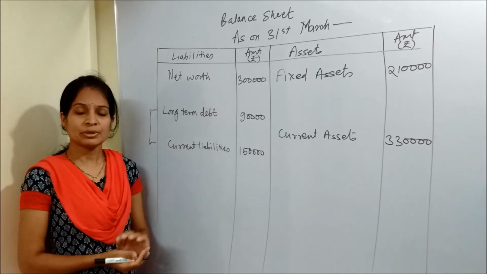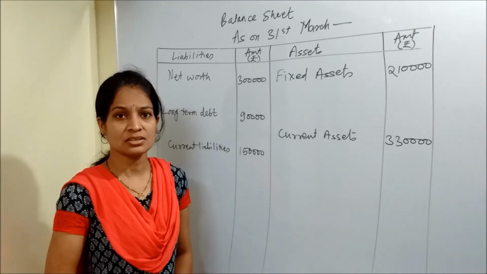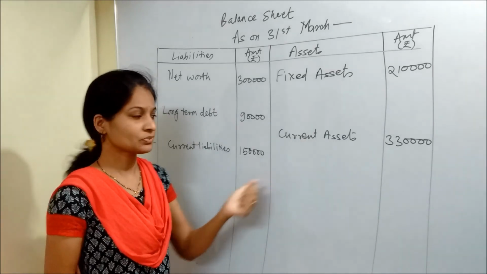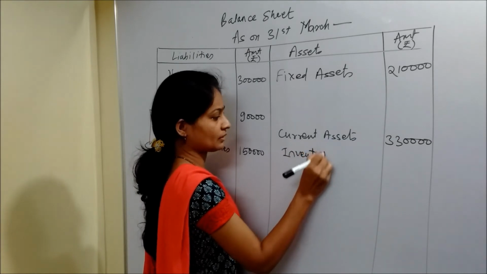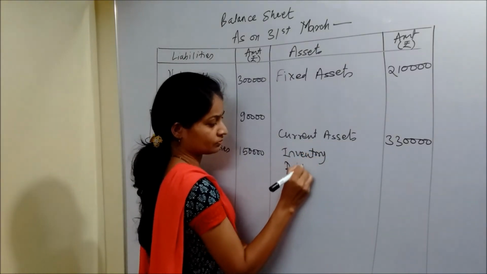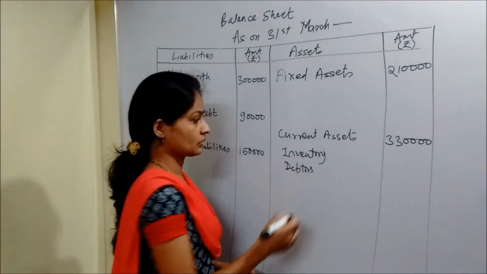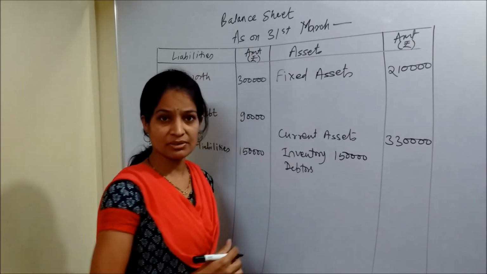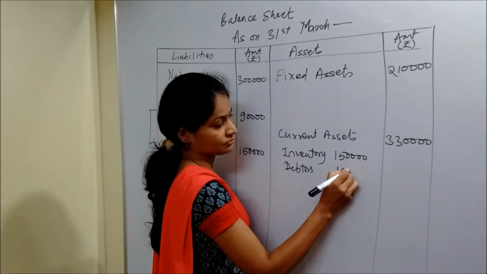Now apart from this, we have also found out inventory and the debtors. So that is a part of a current asset only. So we are going to show it here. So inventory and debtors also. Now just find out the amounts. Inventory comes to 1,50,000 and debtors we have calculated, which amounts to 1,60,000.